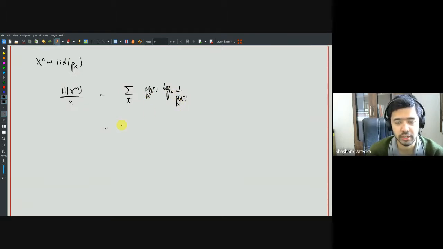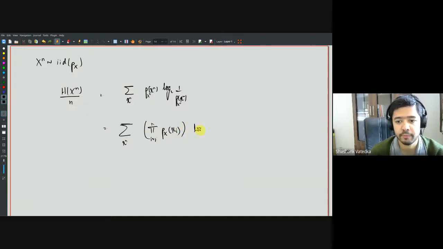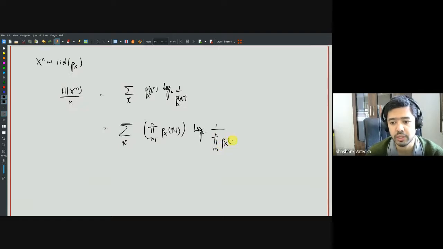So I can write each P of xn as the product, i going from 1 through n, of Px of xi, and log 1 over the product, i going from 1 through n, of Px of xi, because it's an IID sequence.